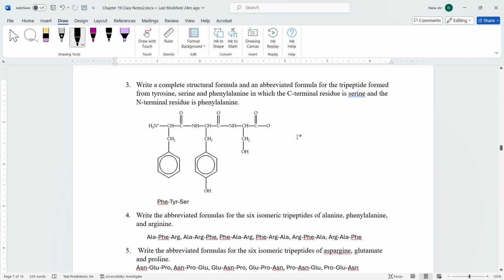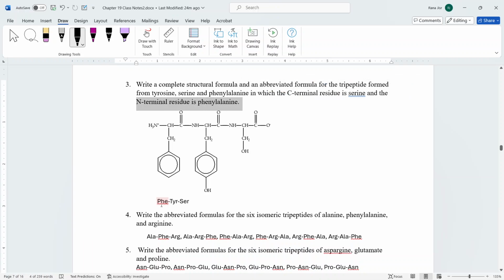Okay, in this problem here, it's the same thing, and they gave you that the C terminal residue is the serine and the N terminal residue is the phenylalanine. So I need to start with the phenylalanine and I need to end up with the serine, and then I can connect all of these amino acids together. This is the answer.